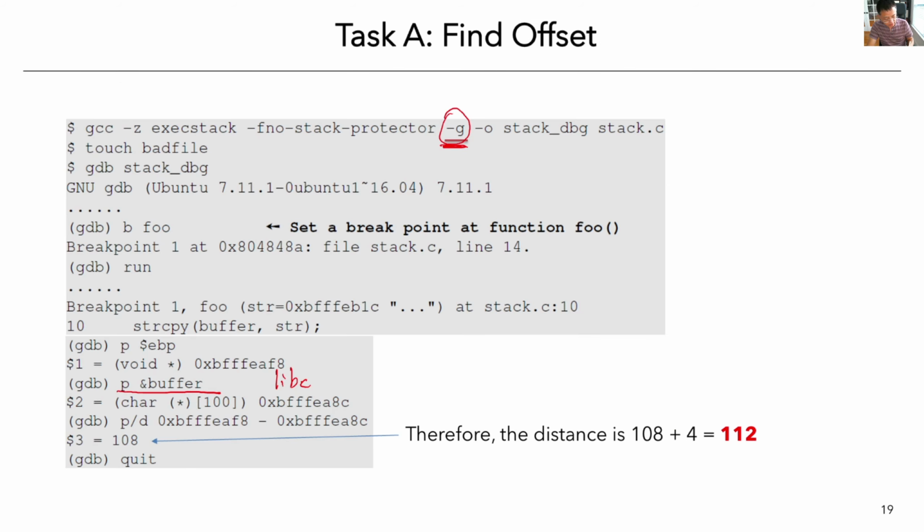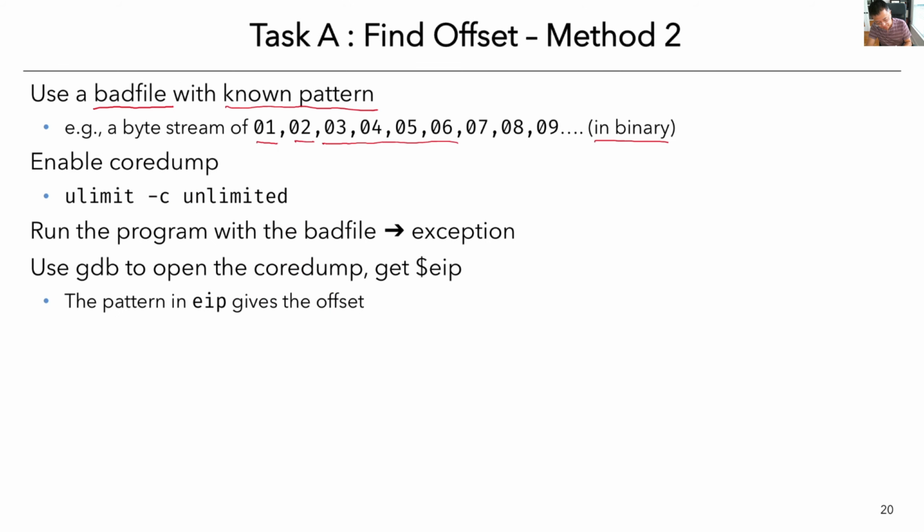Then we can enable core dump. To enable the core dump, we set ulimit -c, the core file size, to be unlimited, right? So the core dump is the dump of the process memory when an exception happens.